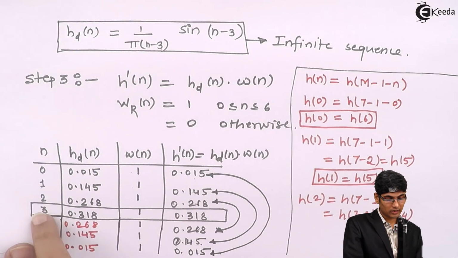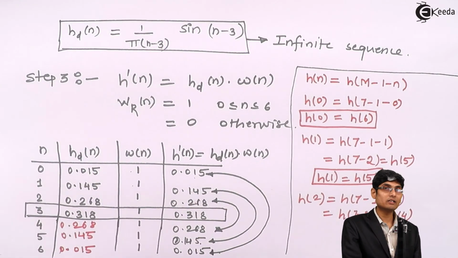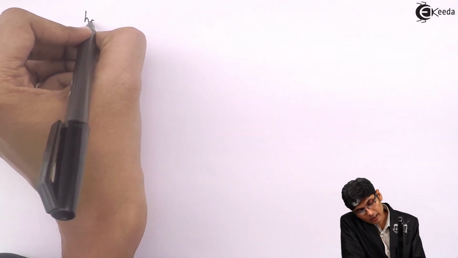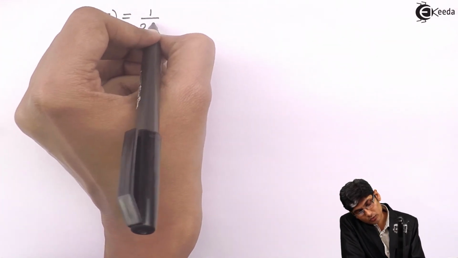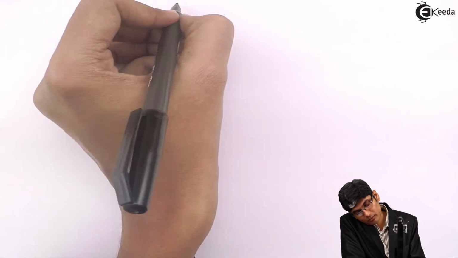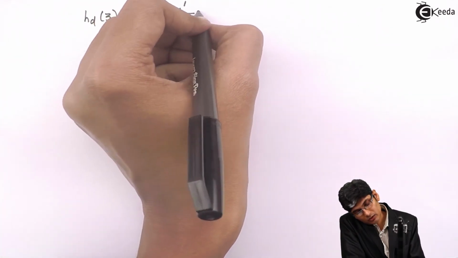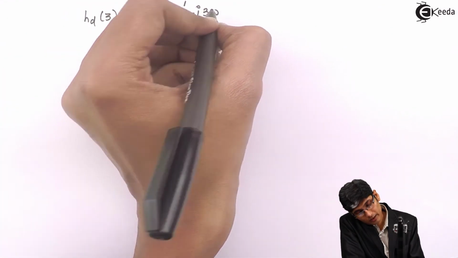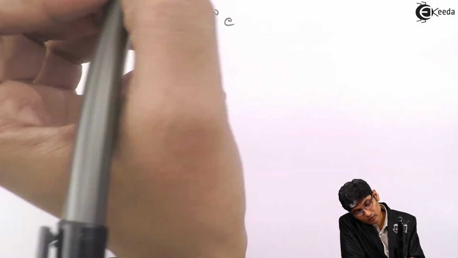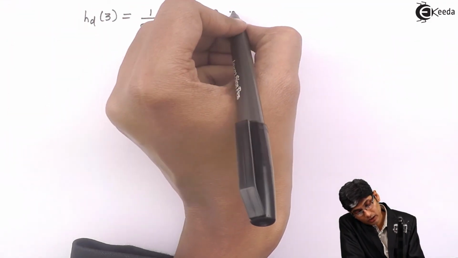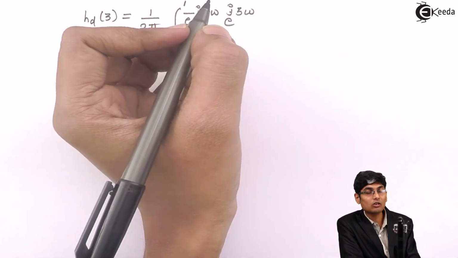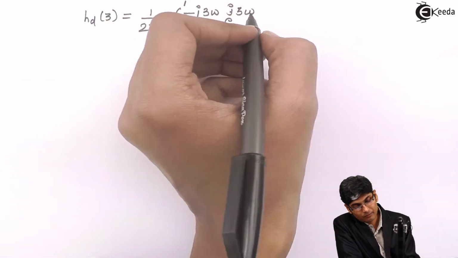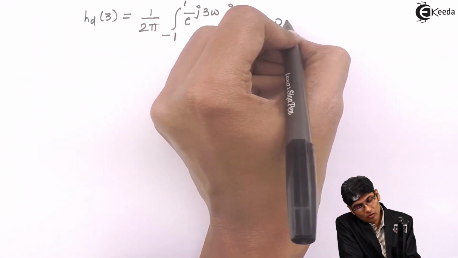Now let us see how to find the value at n is equal to 3. At n is equal to 3, hd of 3 will be equal to 1 upon 2 pi integral from minus 1 to 1 of e raised to minus j 3 omega, times e raised to j omega 3, d omega.